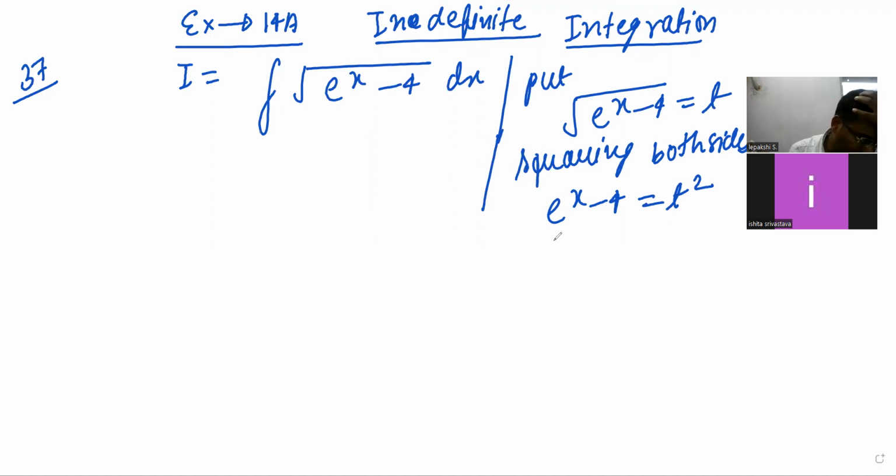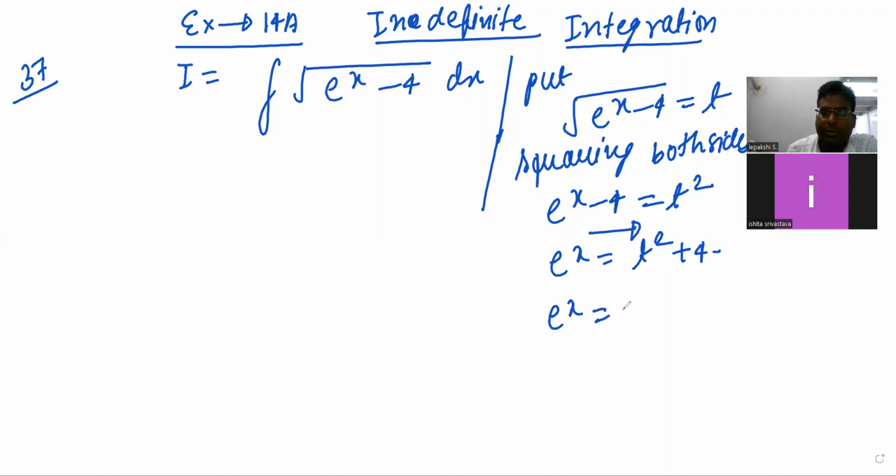So take this 4 on the right hand side, then it will become e raised to x is equal to t square plus 4, right? Now differentiate it with respect to x, then it will become e raised to x is equal to 2t into dt by dx, the derivative of the constant is 0, right?